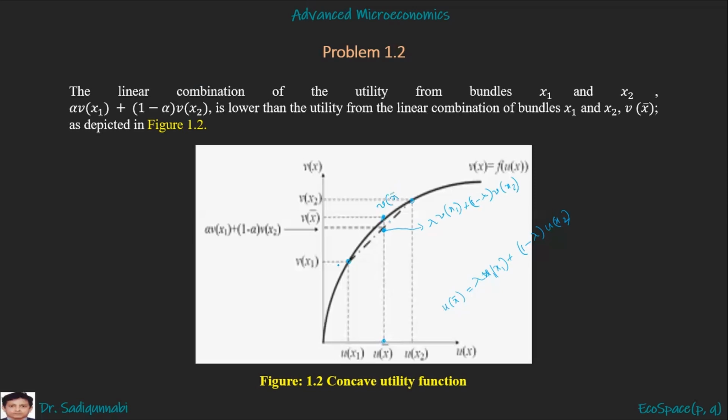vx bar. So if it is ux bar, then this is function of x bar. That means vx bar, because we know that this is our transformed utility function, which is vx is function of ux. So this is vx bar.